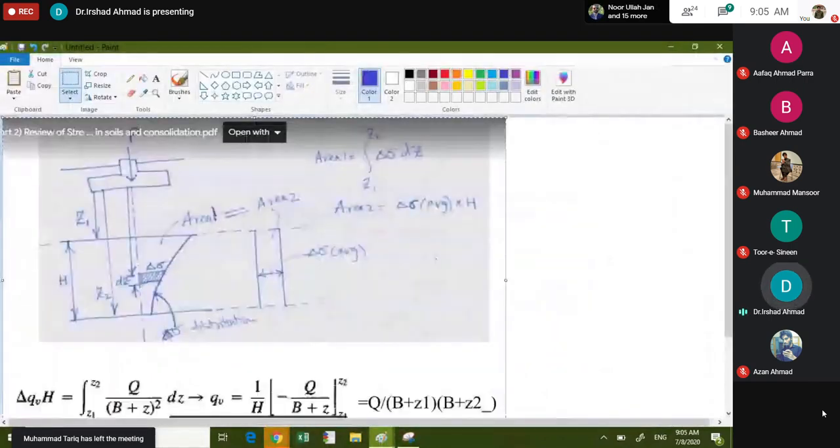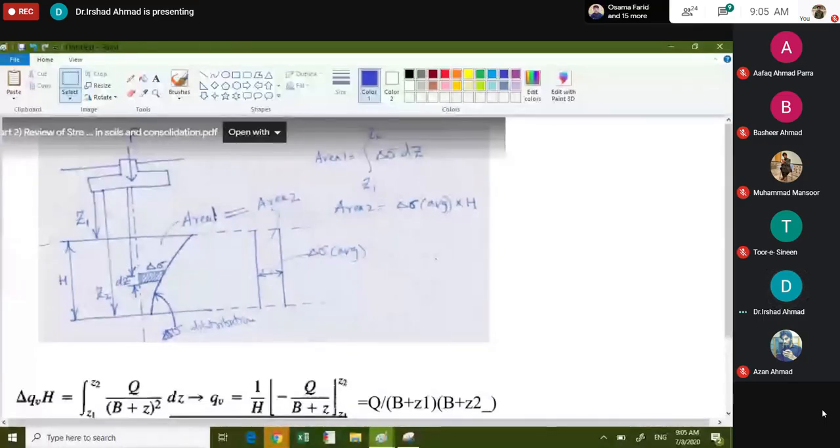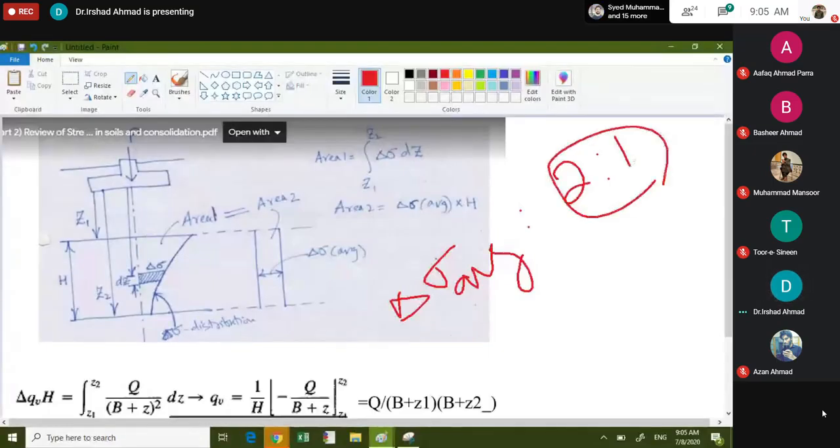Now you are asked to find delta sigma average using the slope 2 to 1 method.